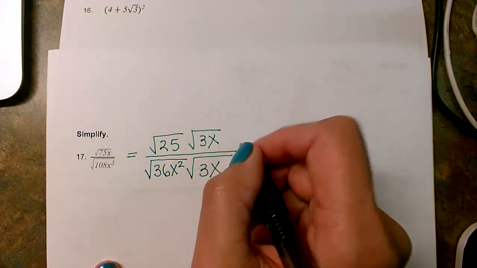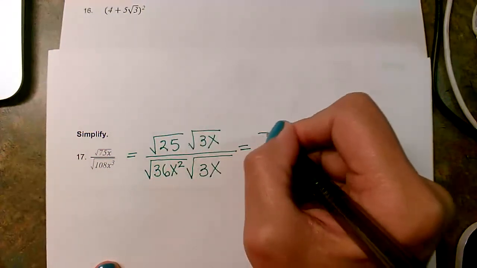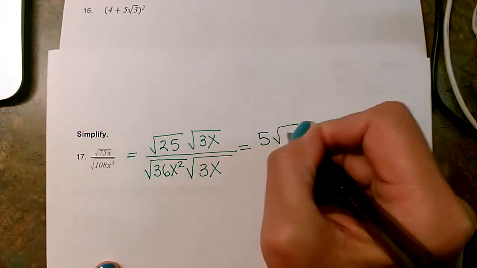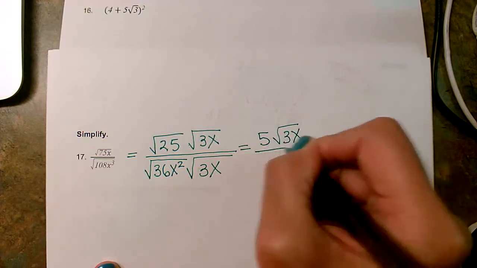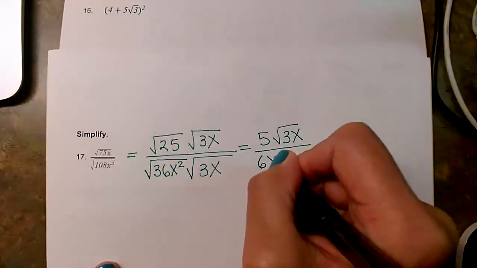Okay, so we have 5 here, square root of 25. Square root of 36 is 6x.